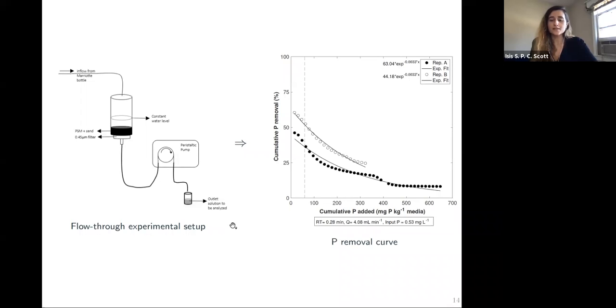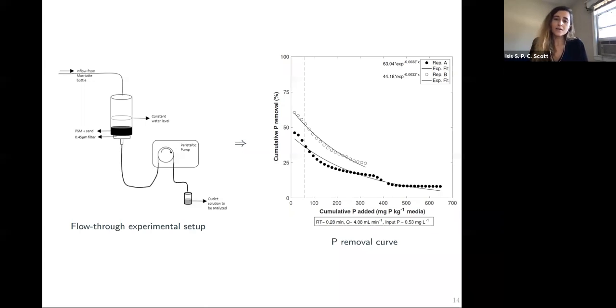And then at the end, we would collect several samples at predetermined sampling intervals. At the end of each of these experiments, we had a graph that looked like this one on your right. Here I'm showing you two replicates, which represent two different experiments, and each of the dots is one sample that was collected during the experiments.